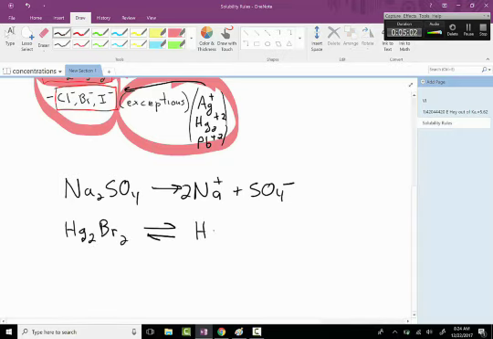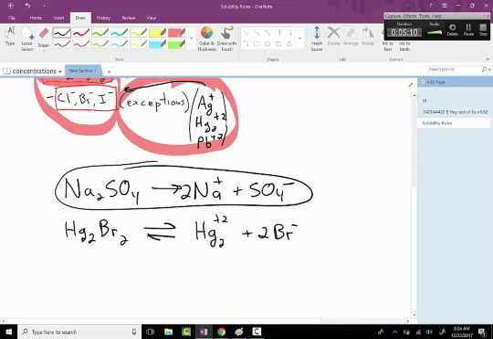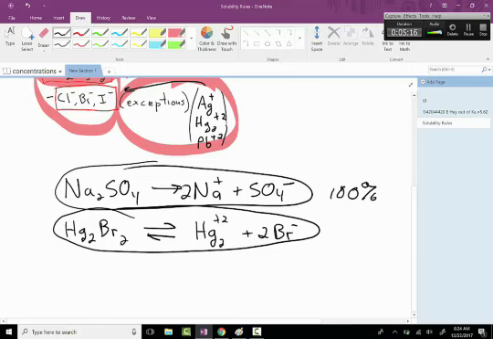And so that gives me the ion mercury 2 plus 2 plus 2 bromides. So this is what we mean by soluble. It goes 100%. This is what we mean by slightly soluble or insoluble. It goes some fraction, 0.01, sometimes very small amounts.